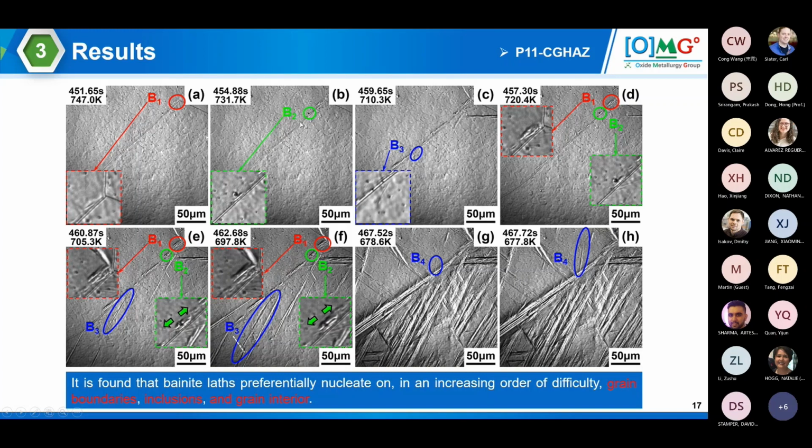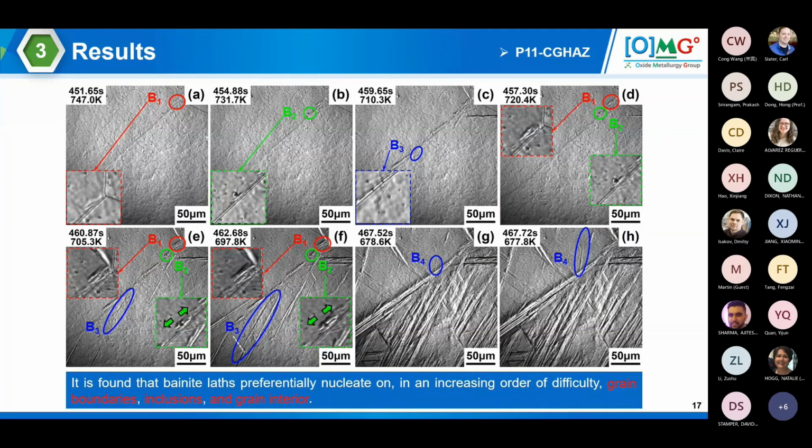They are forming in different locations, and they are preferentially nucleated in an increasing order of difficulty. They nucleate and grow on grain boundaries, and also on inclusions, and also from the grain interior.